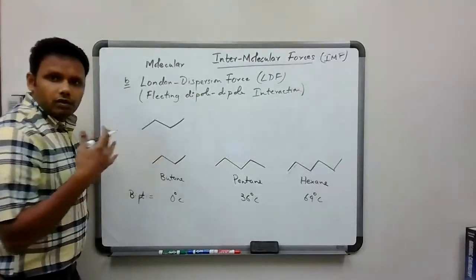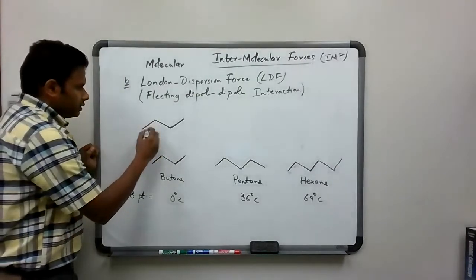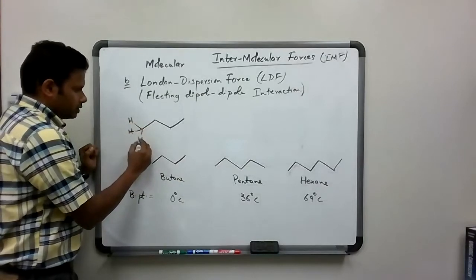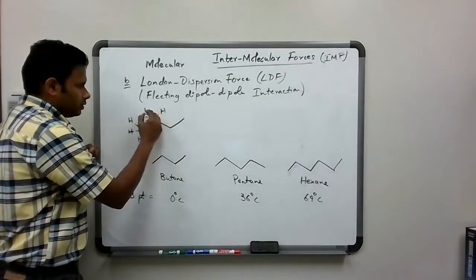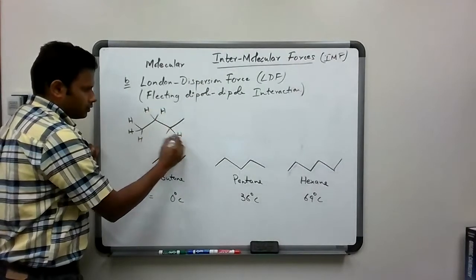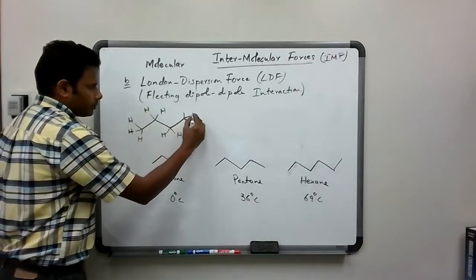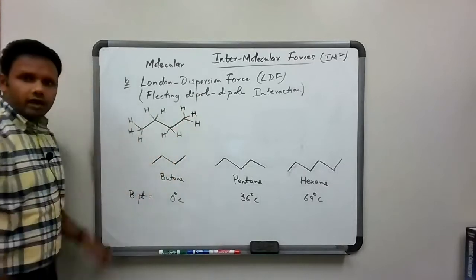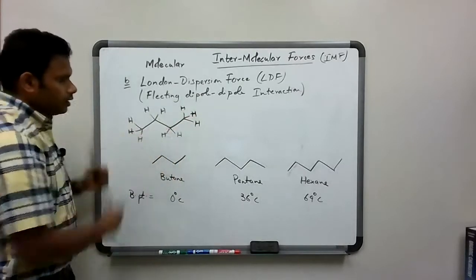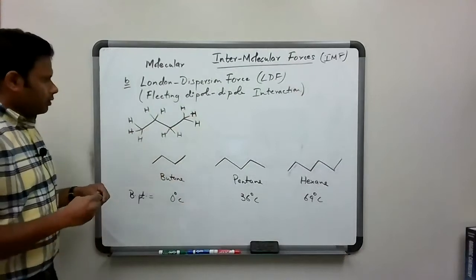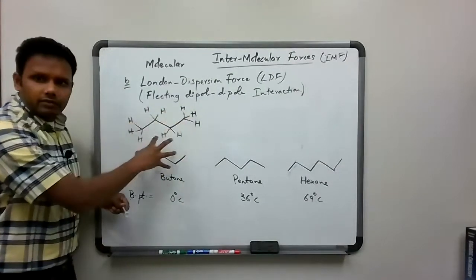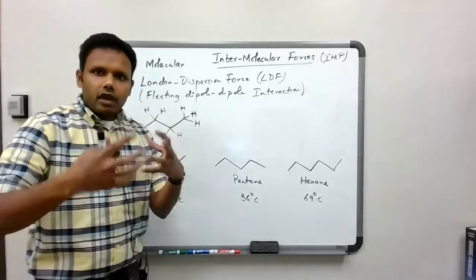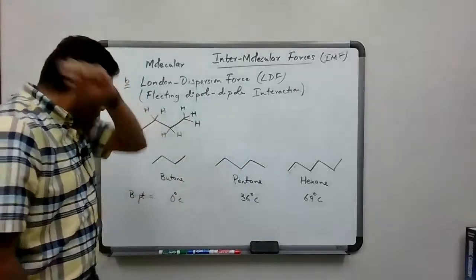What you want to recognize is that this molecule is 4 carbons with a bunch of hydrogens on them. And all of these atoms and bonds have electrons in them.